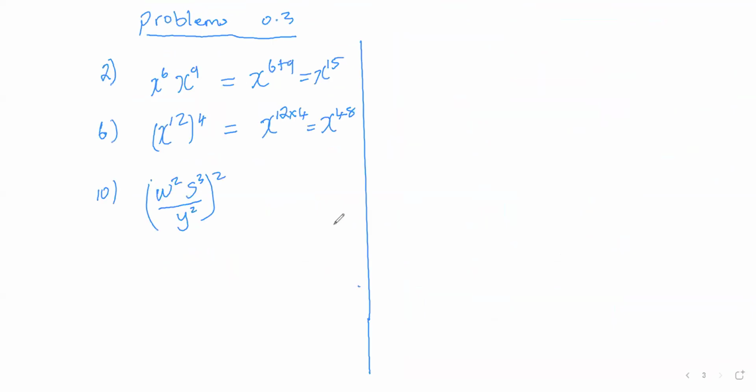So this is the distributive law, and that's the law I'll be starting with to simplify this expression by distributing this 2 to each expression in our bracket, in the quotient. It then becomes w to the 2 times 2, s to the 3 times 2 divided by y to the 2 times 2, which is equal to w to the 4, s to the 6 over y to the 4.